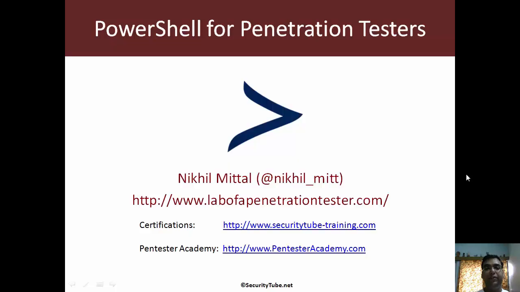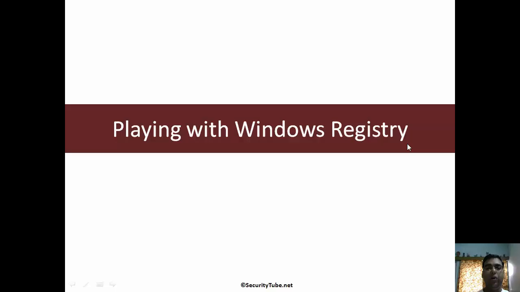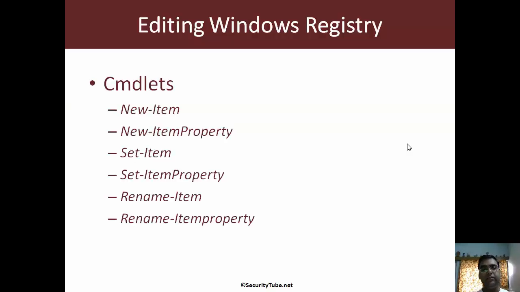In this video, we continue the discussion on playing with Windows Registry using PowerShell, and let's see how we can edit the registry with the help of PowerShell. We will discuss the listed 6 commandlets which help in editing the registry.